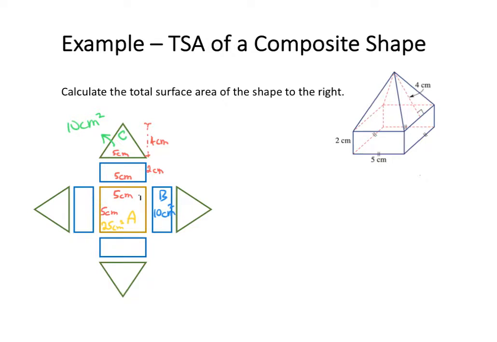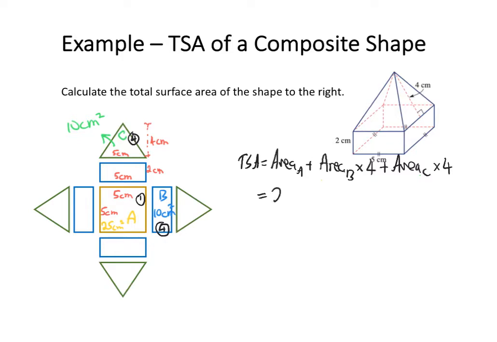So we've got 1 of shape A, we've got 4 rectangles, so 4 shape B, and 4 triangles, so 4 of shape C. So we can write that down as total surface area equals the area of A plus the area of B times 4 plus the area of C times 4.